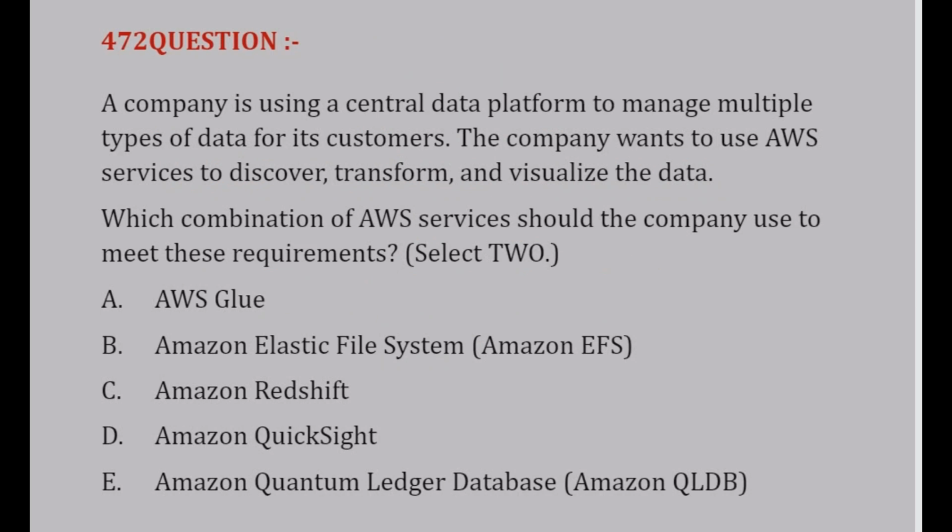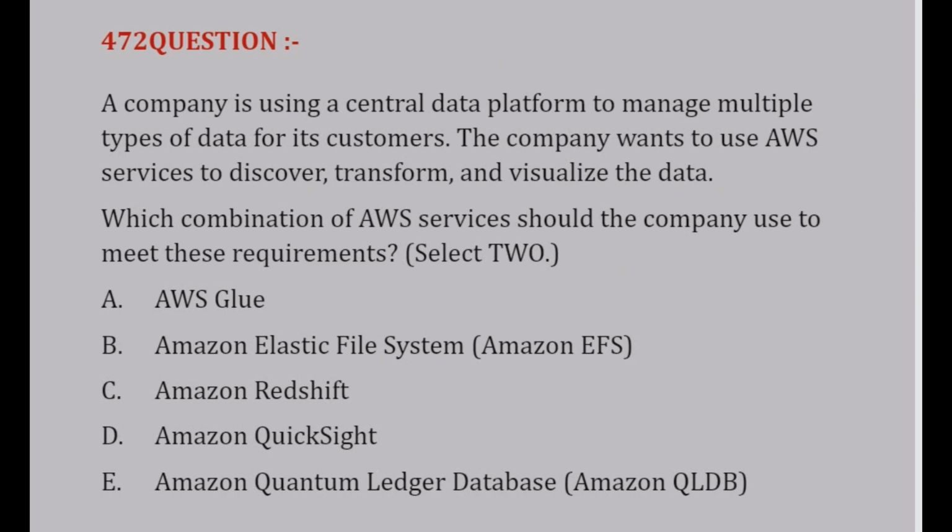Question is, a company is using a central data platform to manage multiple types of data for its customers. The company wants to use AWS services to discover, transform, and visualize the data. Which combination of AWS services should the company use to meet these requirements?